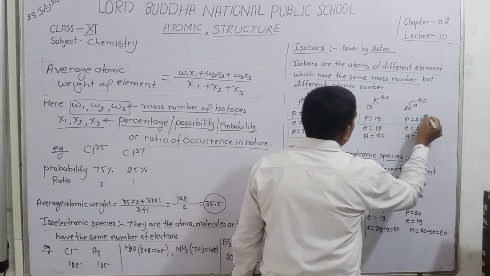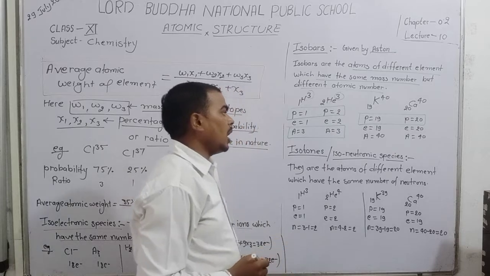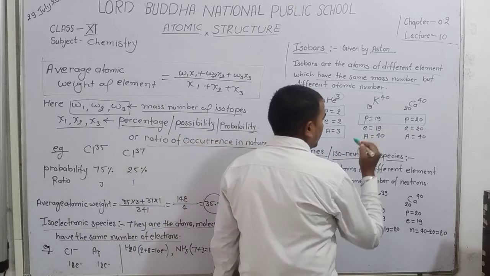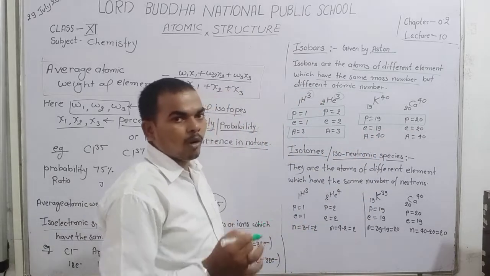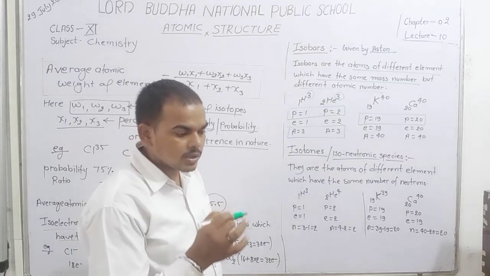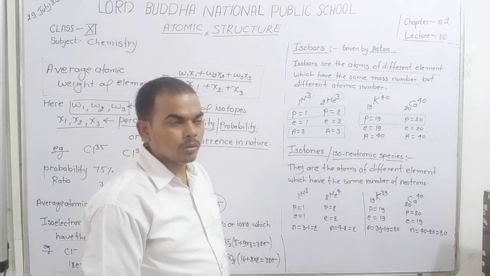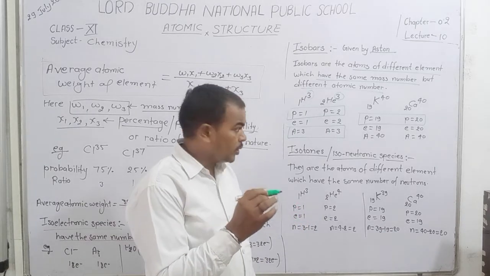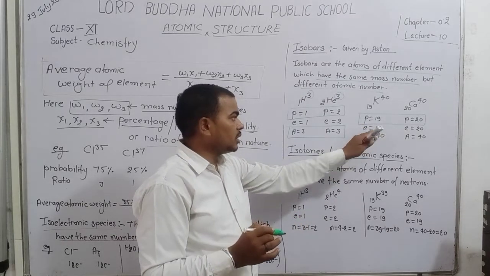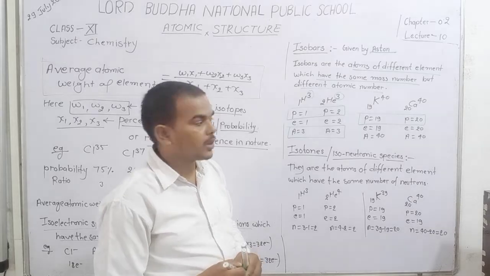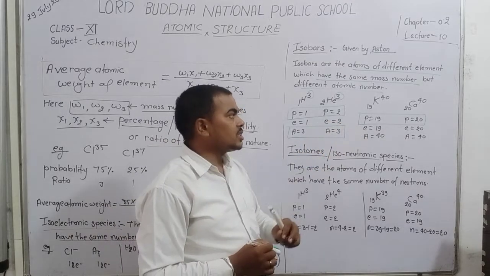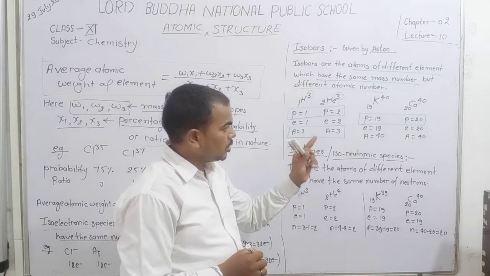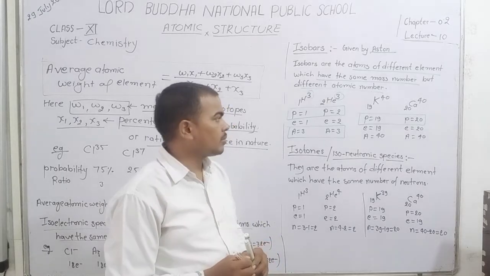They have different numbers of protons and different numbers of electrons, because the number of electrons in a neutral atom is equal to the number of protons. So if there are 19 protons in potassium, then there are also 19 electrons. There are 20 protons in calcium, so 20 electrons in calcium.